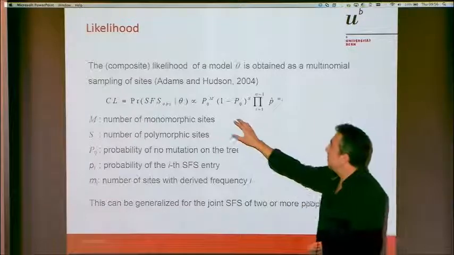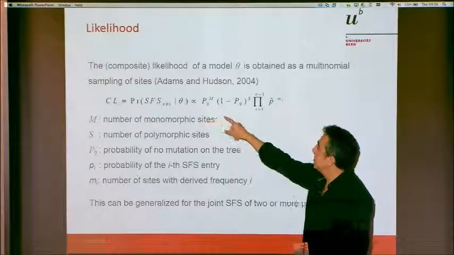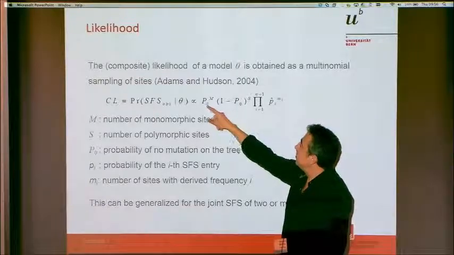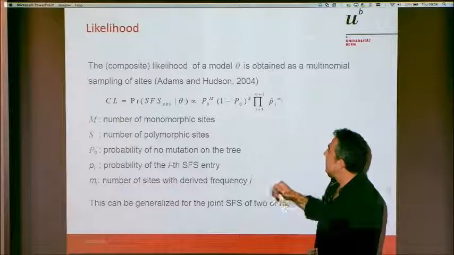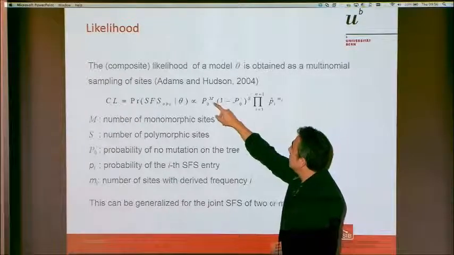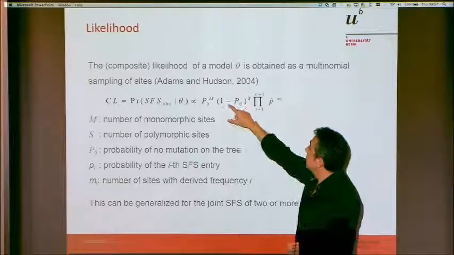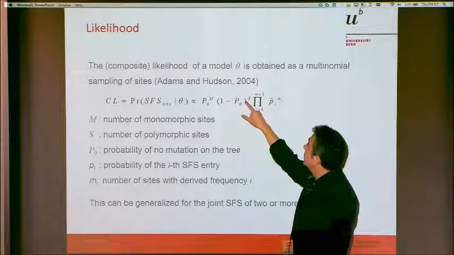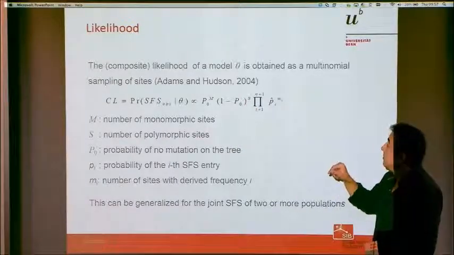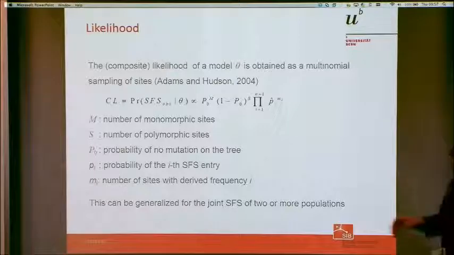In this likelihood, you have P0, which is the probability that there is no mutation on the tree, to the power of the number of monomorphic sites in your sequence, times the probability that there is some mutation in your tree to the power of the number of polymorphic sites in your sequence, and then you just have a product of these multinomial coefficients.